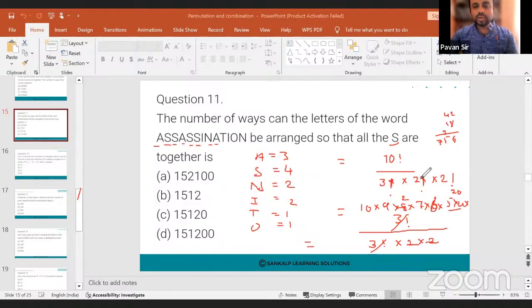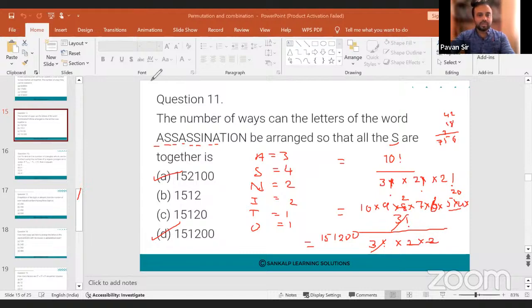So 10 into 2, that is 200. It will give you the answer as 15,1,200. So 15,1,200. Option D is the correct answer.